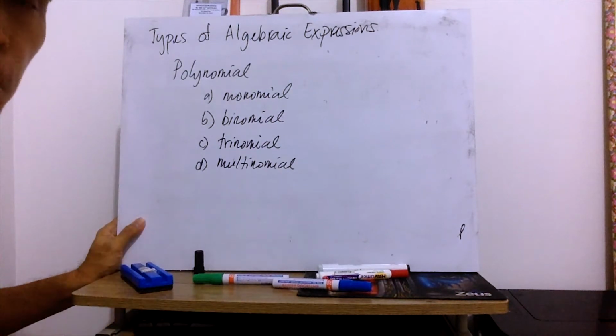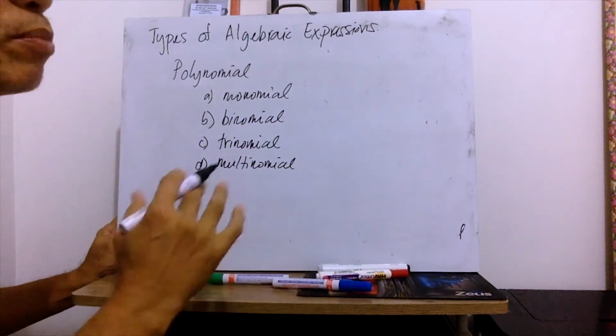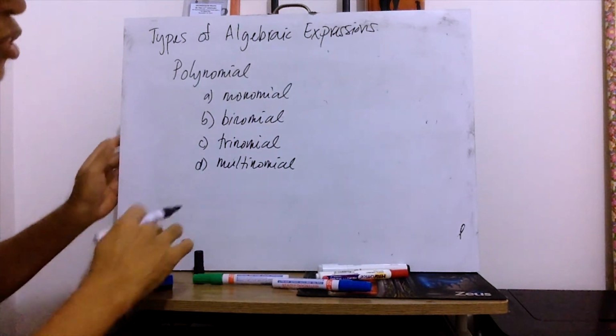But what makes a polynomial a polynomial? How can you distinguish if it's a polynomial or not a polynomial? Here are the conditions.